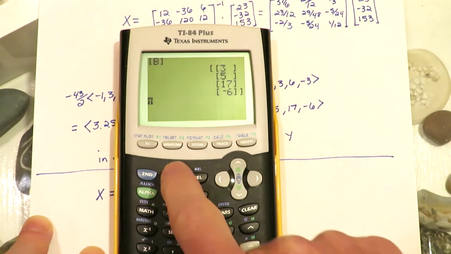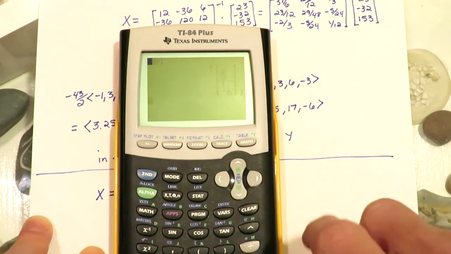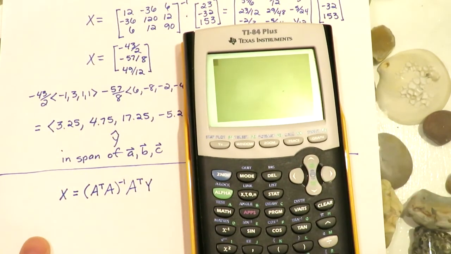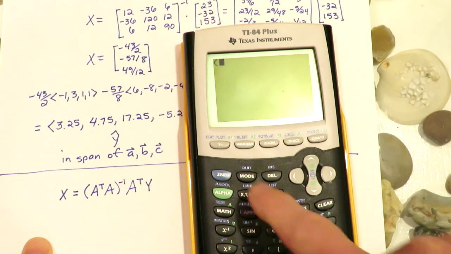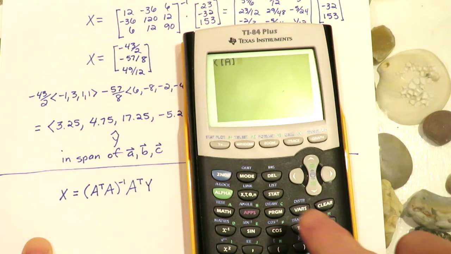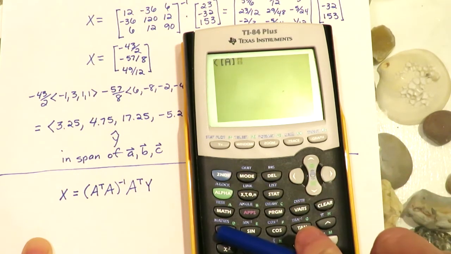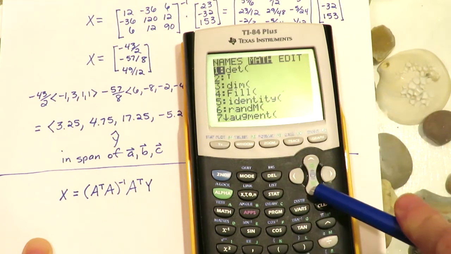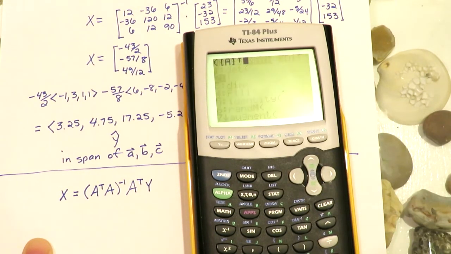So now I'm going to carefully follow my rule here. I'm going to put parentheses, and type in what I have here. So A, and then how you get transpose is you go into matrix, head over to math. The second program is transpose.